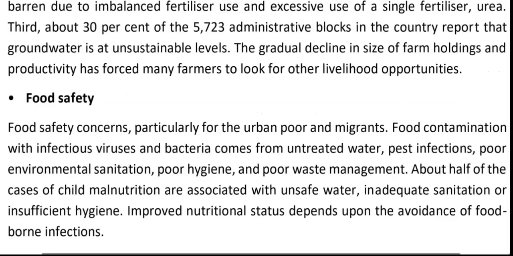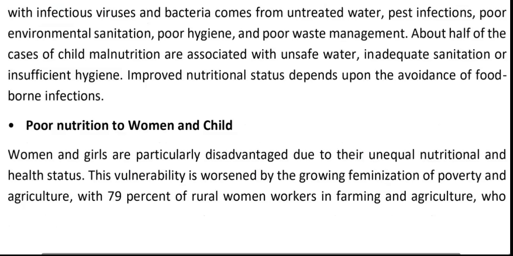Then we have the challenge of food safety, where concerns are seen particularly for the urban poor and migrants, where food is contaminated or infectious or undertreated, with poor waste management and poor environmental sanitation. All these things lead to insufficient hygiene, where improved nutritional status is completely lacking.